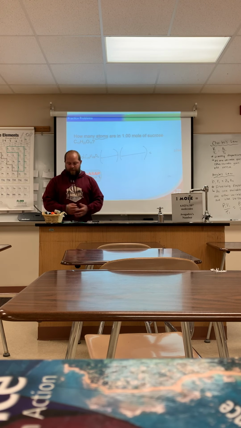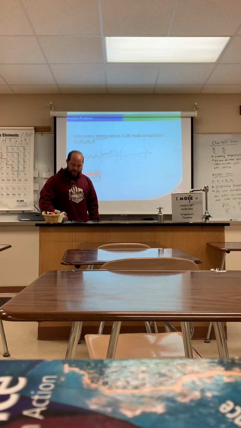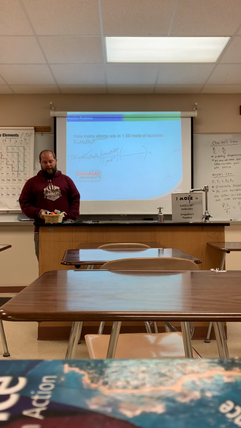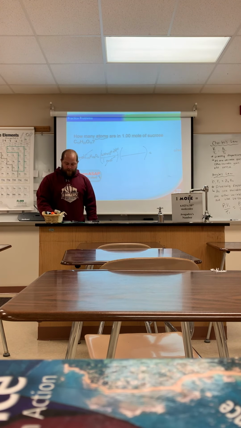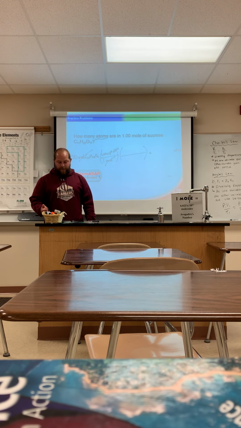The first conversion, take your moles, convert it to the representative particles. So use Avogadro's number. So 6.02 times 10 to the 23rd. In this case, it's going to be molecules per 1 mole of it. Your moles cancel. And at that step, you have molecules. We don't want molecules, we want atoms.